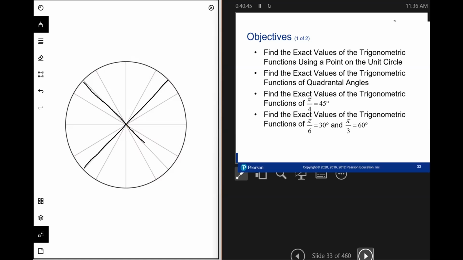And the trig function values of those angles are going to be the same except for the sign. Sometimes they're exactly the same. Sometimes they just differ by a sign. One is positive and the other one's negative. It just all depends upon which quadrant you wind up in. And we'll talk more about that.